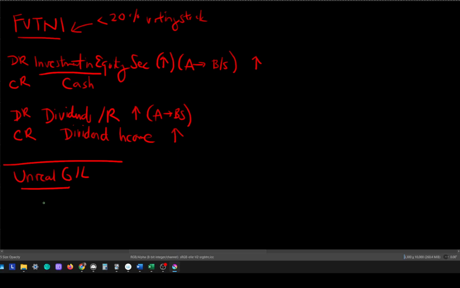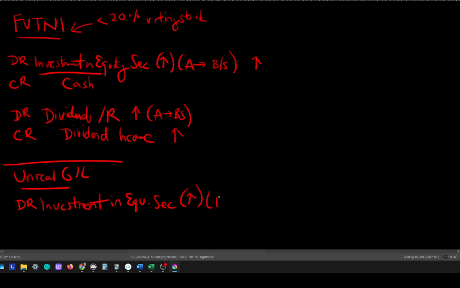Let's start off with the journal entry for the gains. Again, this investment in equity securities account gets used a lot under the fair value through net income method. So guess what you're going to increase? That's right. You're going to increase that investment in equity securities account directly.